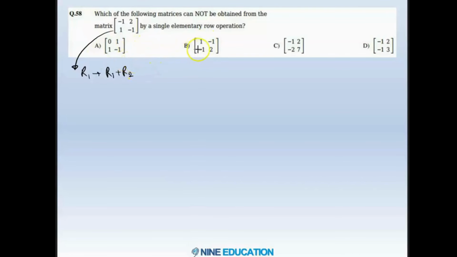Same way in B matrix, if you observe in option B, we have 1 and minus 1 in the numerator. So I can apply R1 interchanging with R2, and easily obtain it in a single elementary row operation. If we apply R2 plus 2R1, then in a single row operation you can get D also. Option number C is not possible, so that will be the right answer.